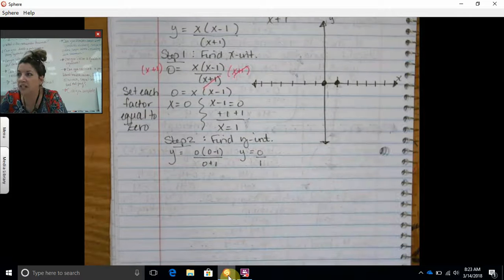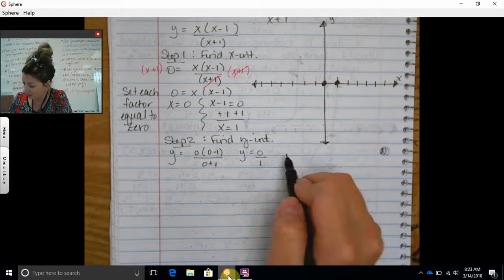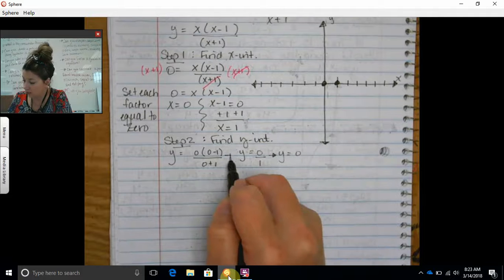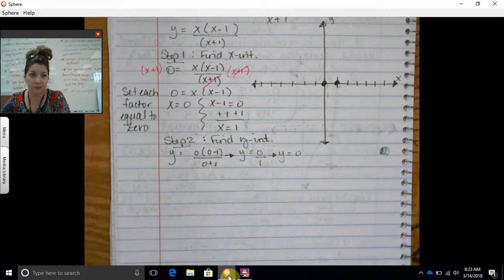Okay, this is when we get nervous. What is 0 divided by 1? Yes, 0. What is 1 divided by 0? What do we call it? Undefined.